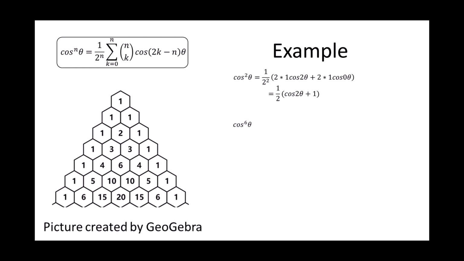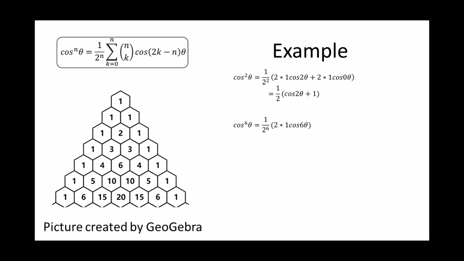Now let's take a look at the cool example, cosine theta to the 6th power. We once again begin with writing down the coefficient 1/2 to the nth power. The first term is going to be 2 times the first binomial coefficient times cosine of n theta.